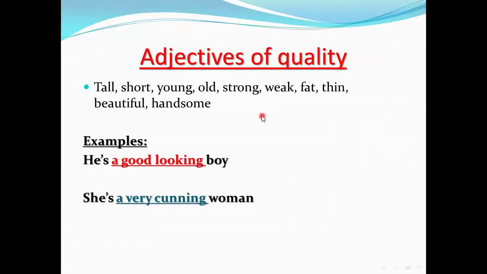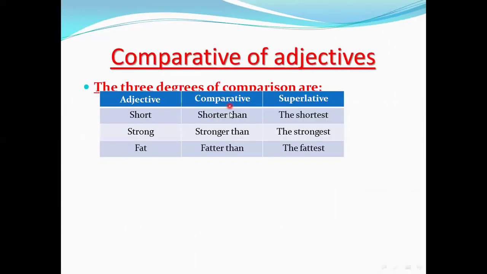Let's go to another type of adjective, which is comparative and superlative. I think all of us know that in the comparative we add er to the adjective, and in the superlative we add est. We say short, shorter, the shortest. Strong, stronger, the strongest. Fat, fatter, the fattest.